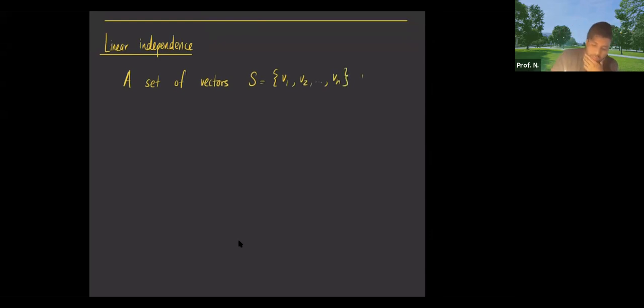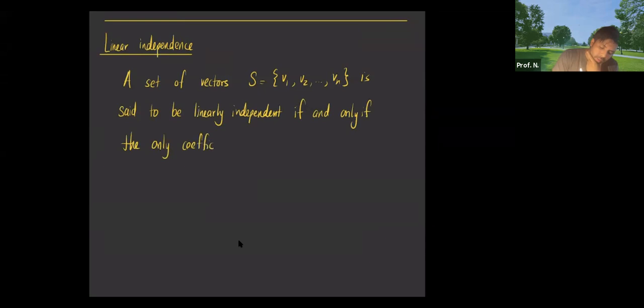A set of vectors S is said to be linearly independent if and only if the only coefficients, aka scalars, that satisfy the equation, and what equation are we talking about?